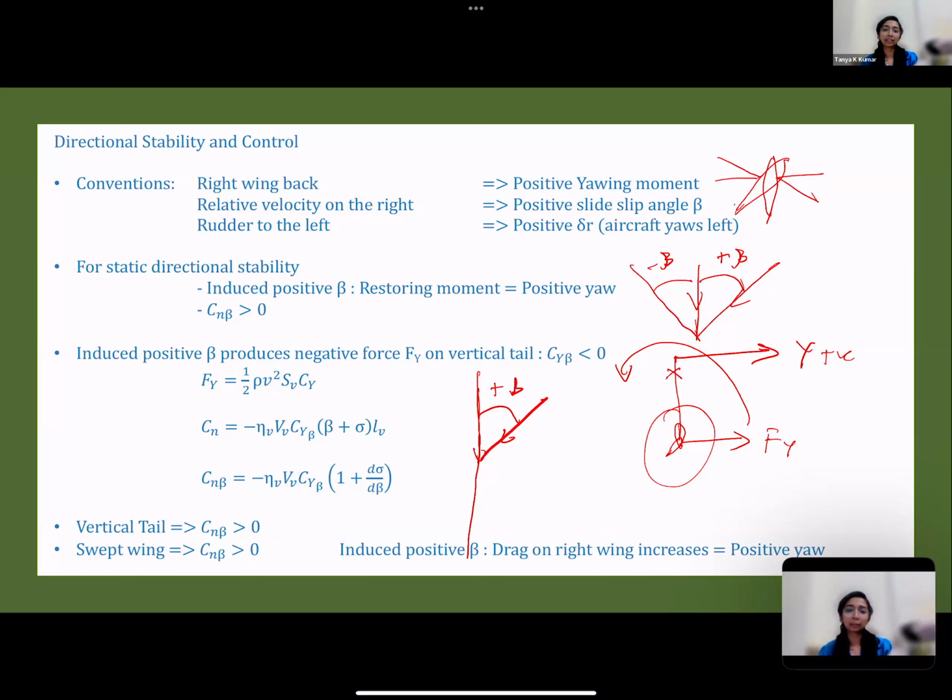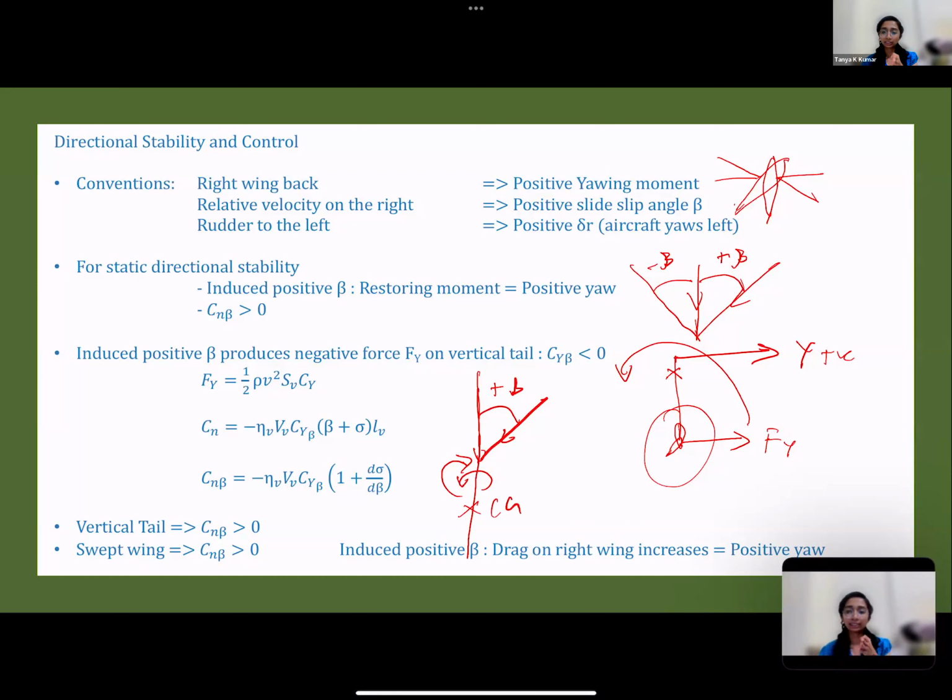You need to make the beta 0. This is your CG. Do you turn clockwise or anti-clockwise? Which way do you yaw to make the beta 0?